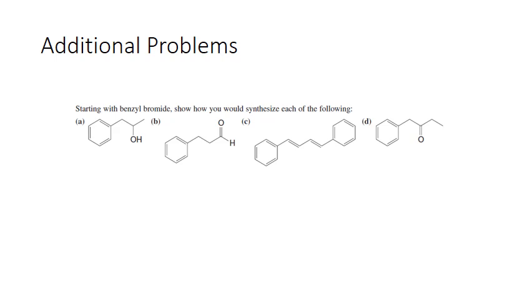Benzyl nitrile will be treated with the Grignard reagent, which is methyl magnesium bromide, followed by acid hydrolysis, to give the ketone, which is named 3-phenyl-2-propanone.